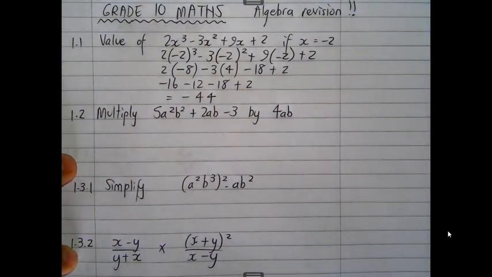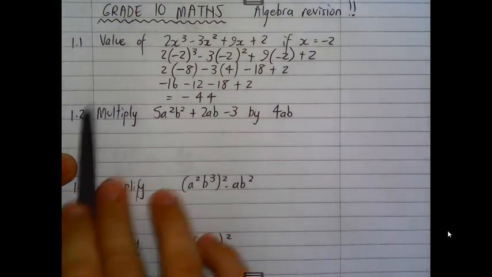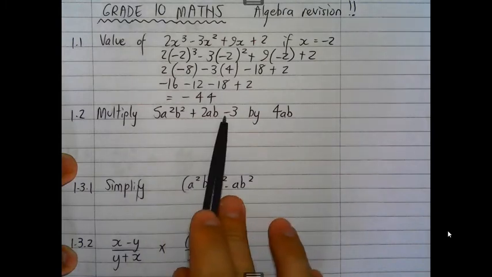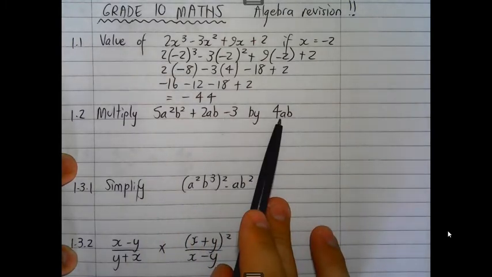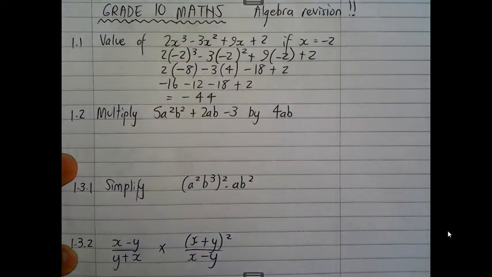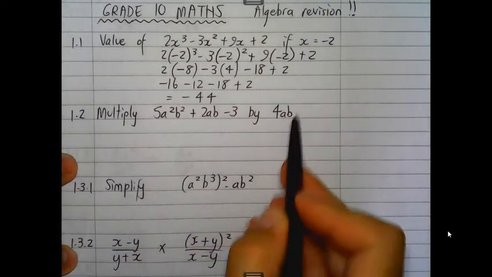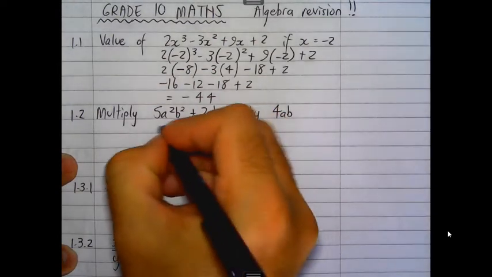Right, moving on to 1.2, the question uses some English words here. Multiply that expression by that. Right, so we're going to now get rid of the words multiply and by, and we're going to create ourselves a maths sum here. So if that there is being multiplied by that, we can write it as follows.